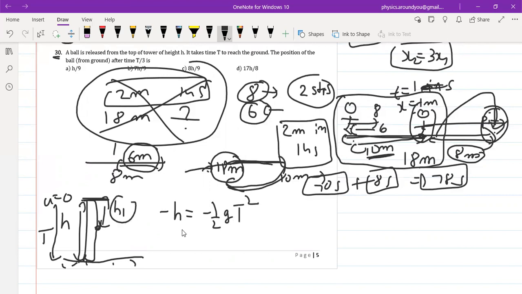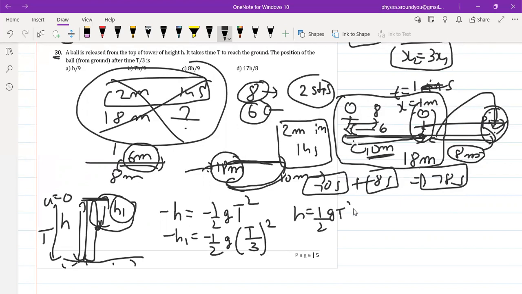For the h1, I can say minus h1 is equal to minus half g times t by 3 whole square, because it takes t by 3 to cover the h1 distance. Well, h is equal to half g t square and h1 is equal to half g t square into 1 by 9. I split t by 3 whole square as t square into 1 by 9. Half g t square is h itself. So I say h1 is h by 9.